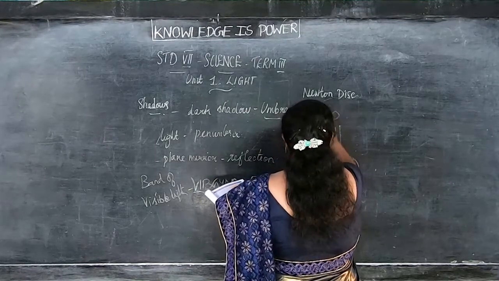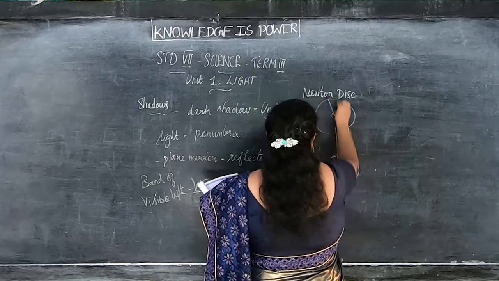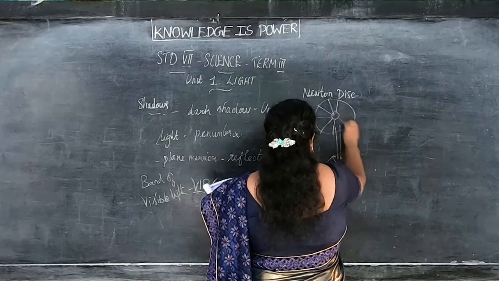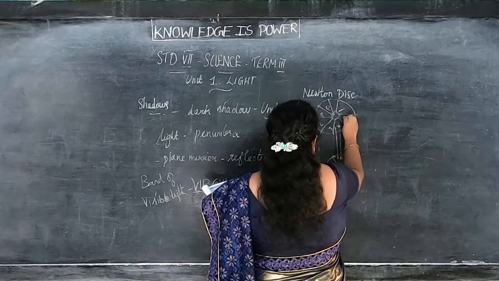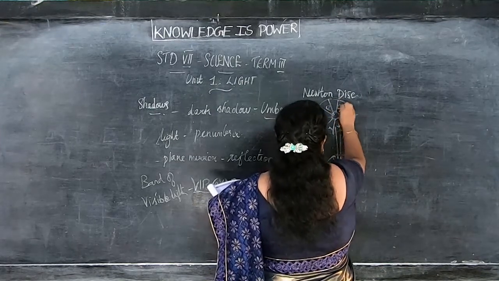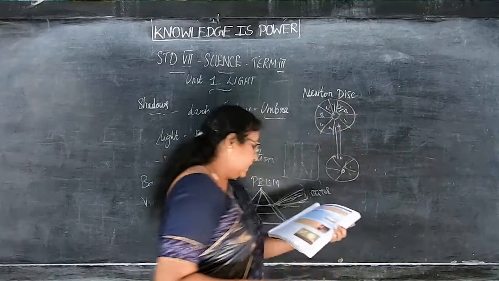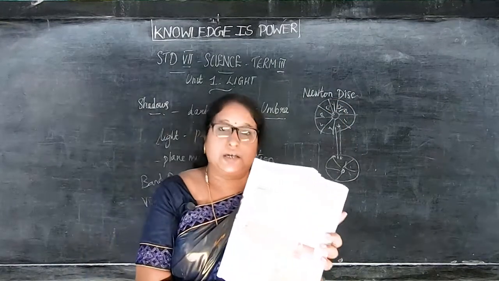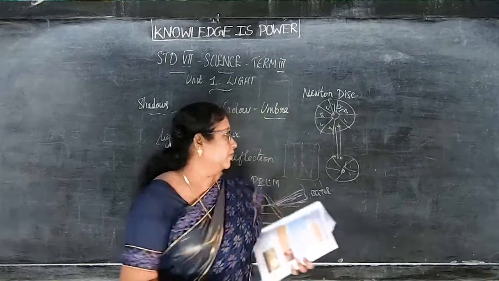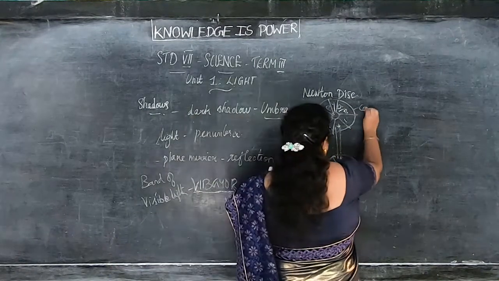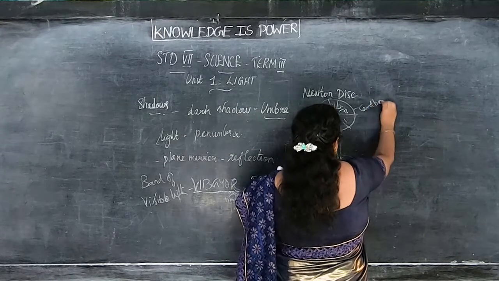You have all different colors. Okay. You have red, blue, green, yellow, violet, indigo, blue, green, yellow, like that. So many colors. So if you see in the picture, you can see many colors mixed. Okay. Newton disc is a cardboard disc. It's made up of cardboard.